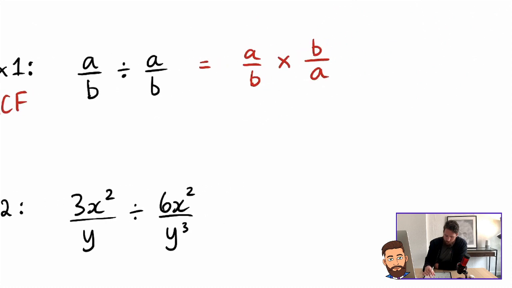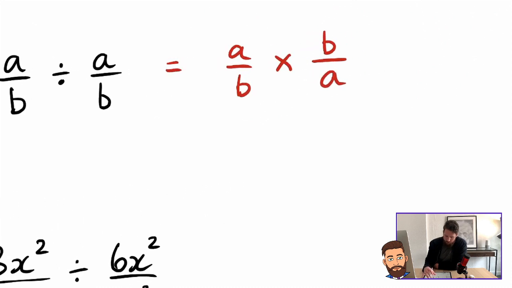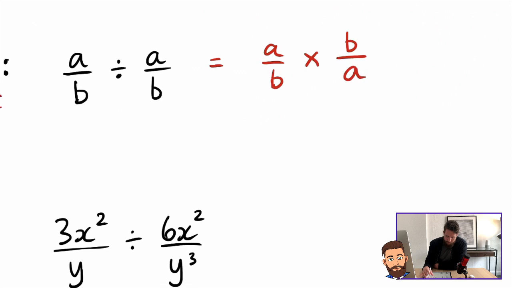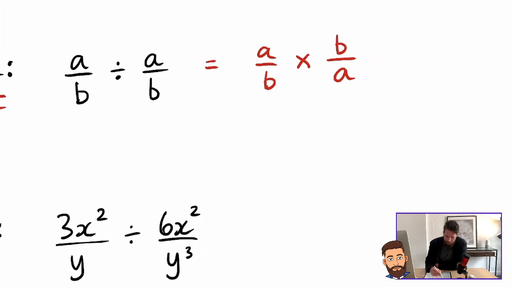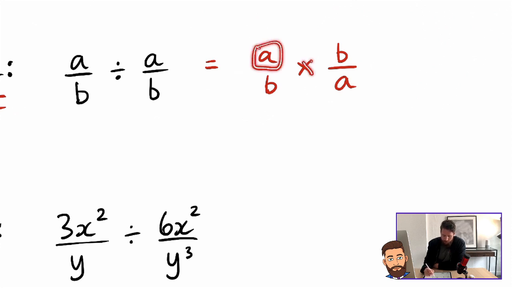Now we know how to times algebraic fractions because we've just looked at it, and hopefully you've practiced it as well. So if I times these together, I'm going to do the cross-cancelling method. From this point out, I'm going to just do cross-cancelling because it's arguably the quickest and simplest way to get the final answer. I'm going to check my diagonals because it only works when you times, remember.